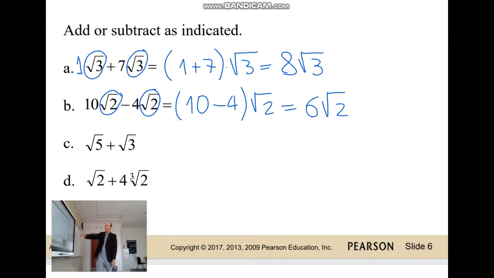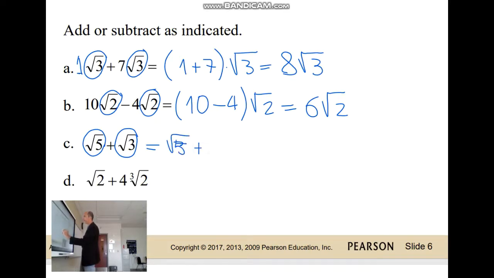If you check out letter C, now we don't have like radicals because the radicands are different. We have square root of 5 and square root of 3, and we cannot simplify. Just keep it like that: square root of 5 plus square root of 3.